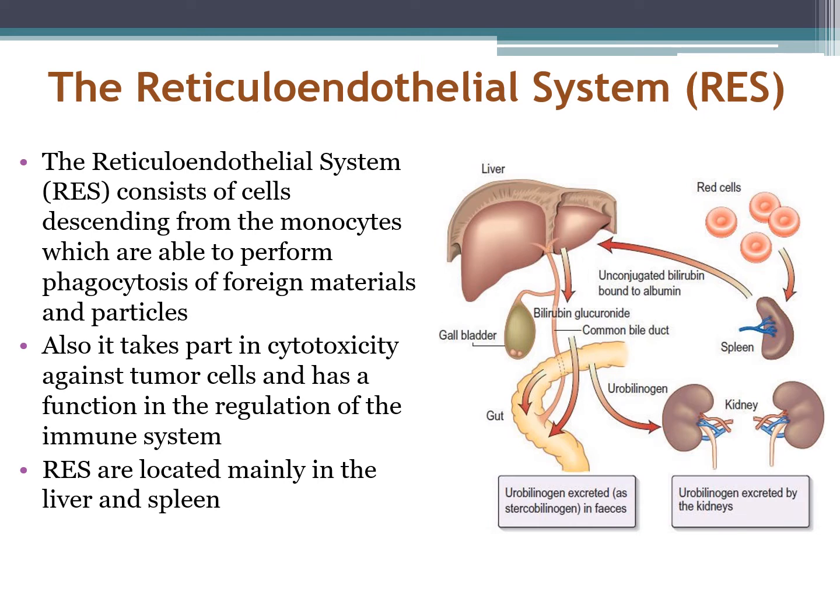This reticuloendothelial system is formed by monocytes, like the macrophages. They are derivatives of monocytes, and they can phagocytose the heme portion of the hemoglobin. These are located mainly in the liver and spleen. Okay, liver and spleen.